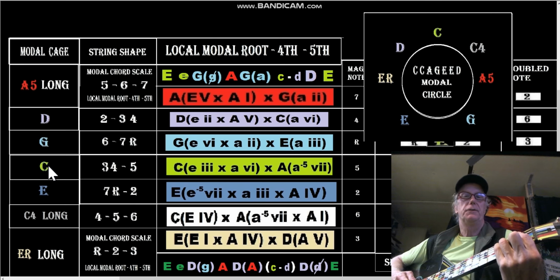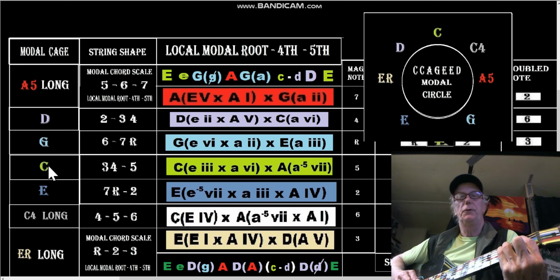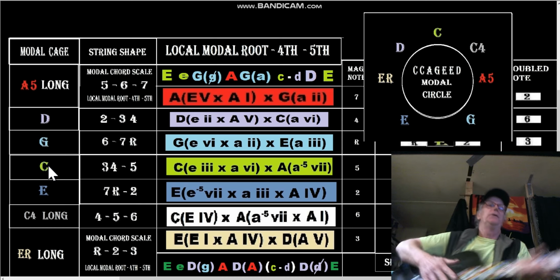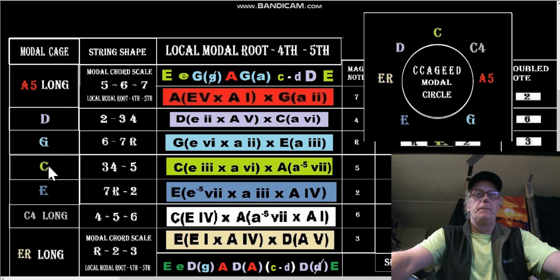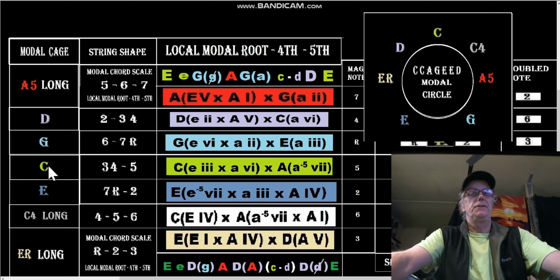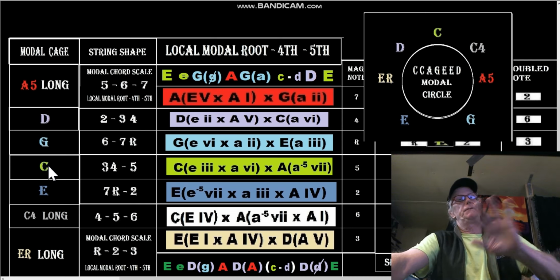You call this the E-shaped fourth, its fifth is C. So in other words, the fourth of C is F, and the fifth of F is C. Okay? But keep the B flat out of it.